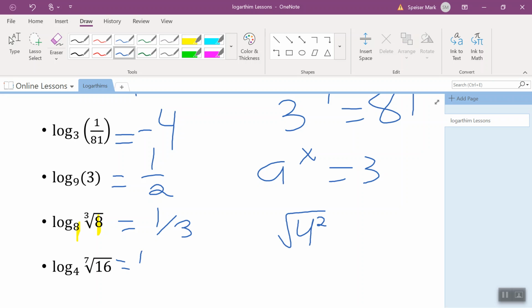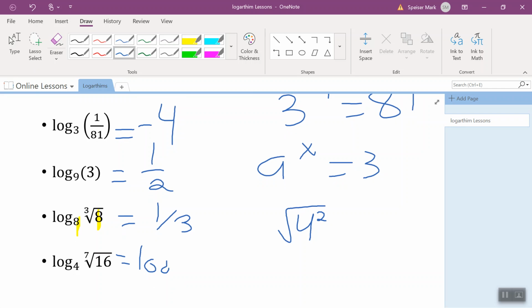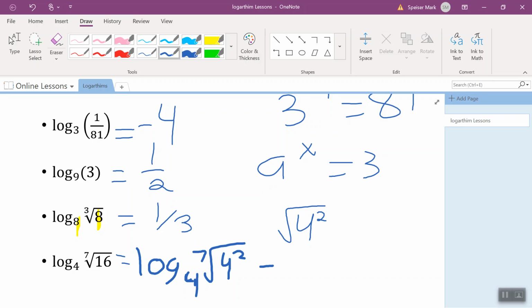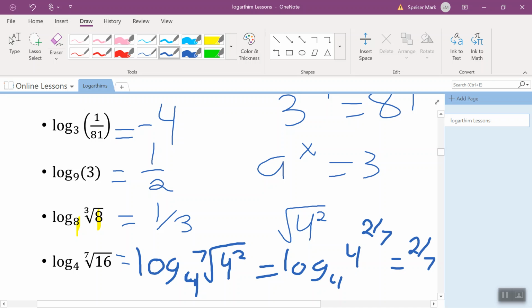Rewrite this as log base 4 of the 7th root of 4 squared. And you rewrite it as an exponent. Log base 4 of 4 to the 2/7 power. That means our answer is 2/7.